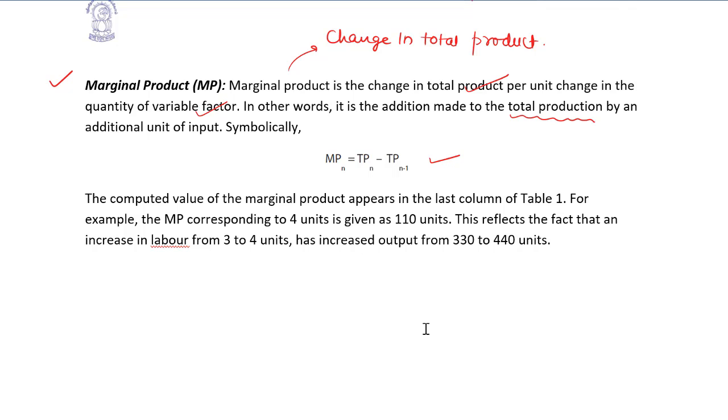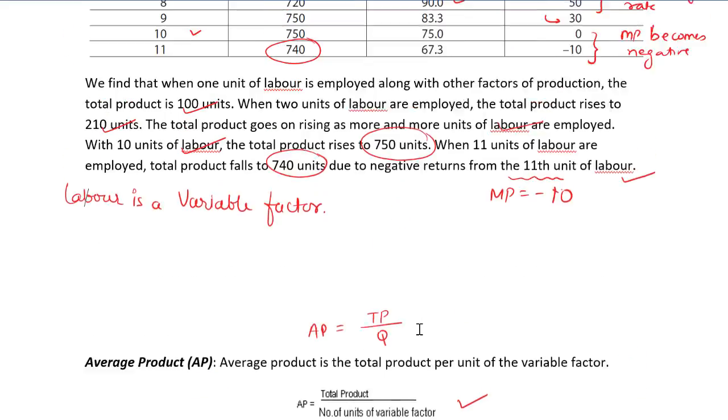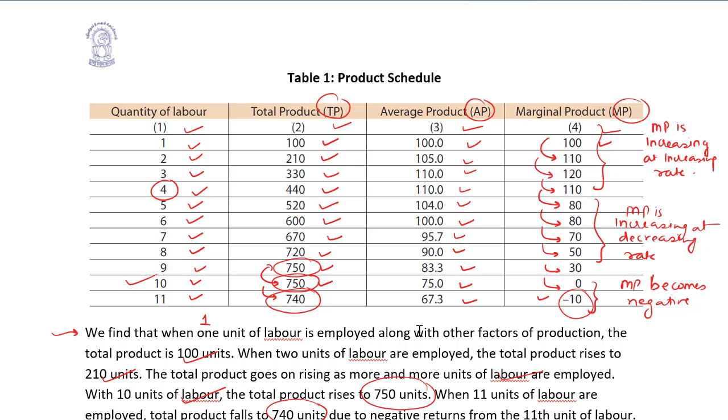The computed value of marginal product appears in the last column of table 1. For example, the MP corresponding to 4 units is 110, as you can see over here.